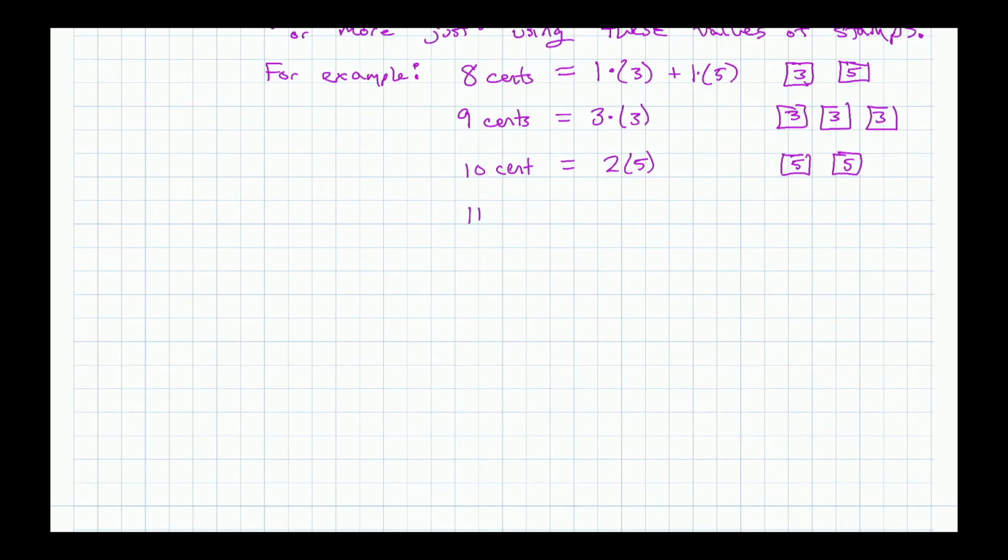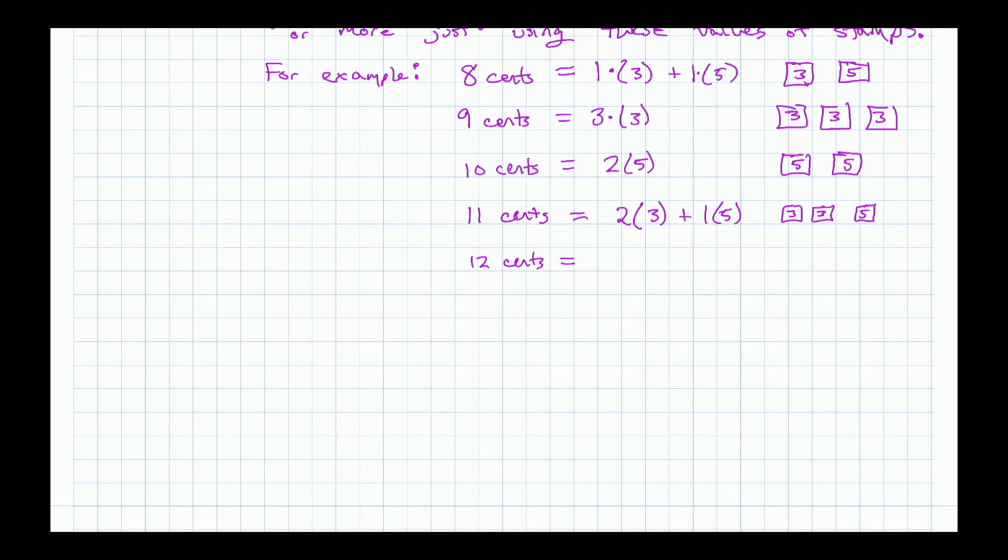Okay. Well, how would you make 11? Well, you would need actually 2 of the 3-cent stamps, which would give you 6, and then 1 of the 5-cent stamps would give you 11, right? That's the point. 3, 3, 5. Okay. And so on. And let me do one more and then we'll say and so on.